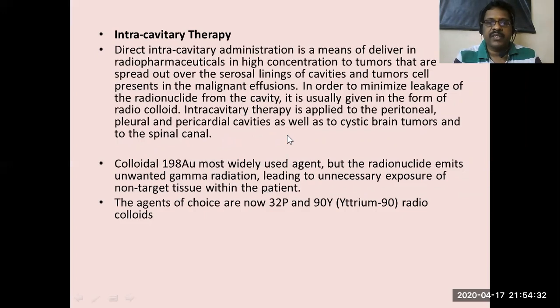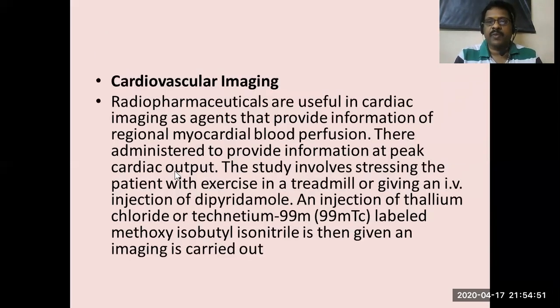Through this, we administer colloidal gold 198, the most widely used agent, but the radionuclide emits unwanted gamma radiation. So nowadays we are not using gold 198. Instead of that, we are using phosphorus 32 and yttrium 90 radioactive colloids for this purpose.